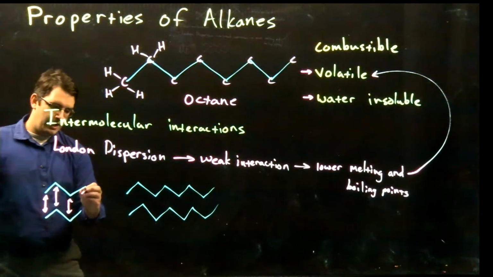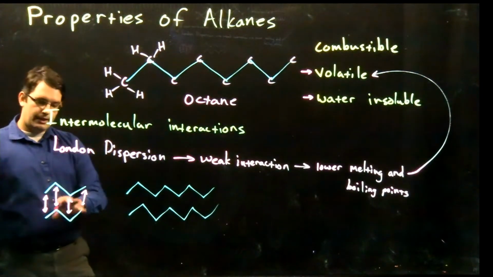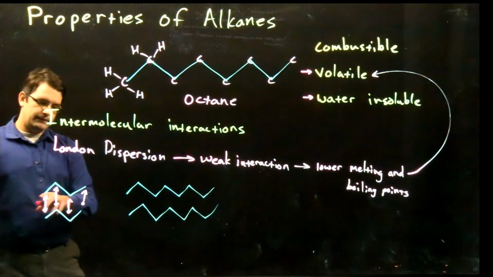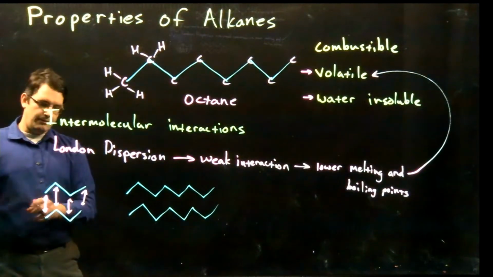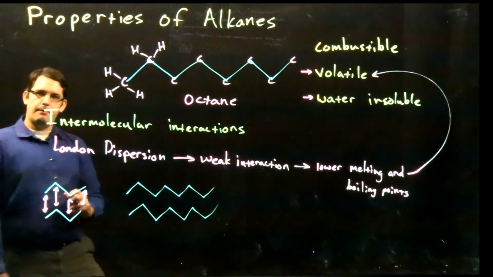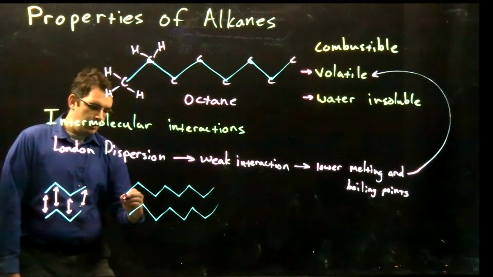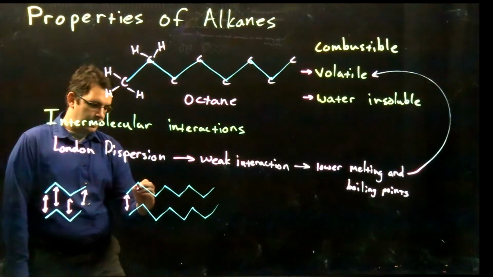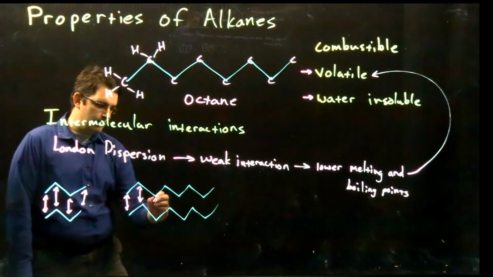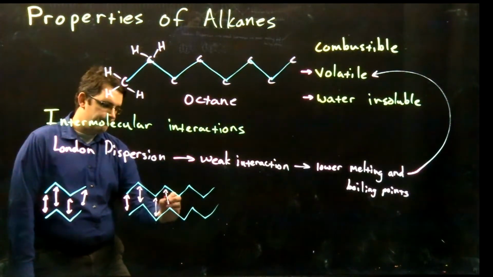So I'm showing my arrows here representing the attraction that occurs between the temporary dipoles of my carbon and hydrogen atoms on one butane molecule and my carbon and hydrogen atoms on the other butane molecule. I, of course, also have those same London dispersion interactions over here on my octane.